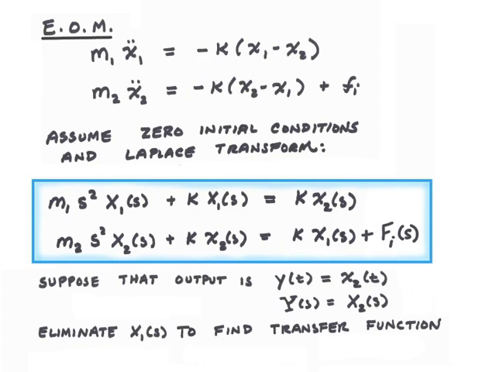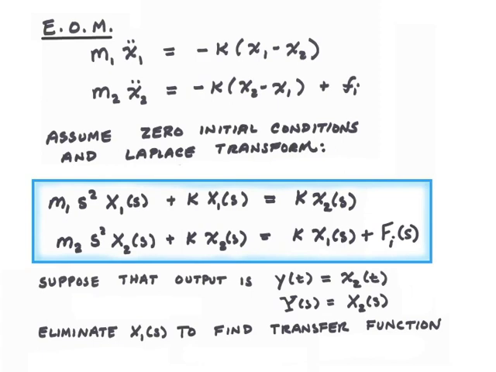That yields m1 s squared x1 of s plus k times x1 of s equals k times x2 of s, and m2 s squared x2 of s plus k x2 of s equals k x1 of s plus Fi of s.